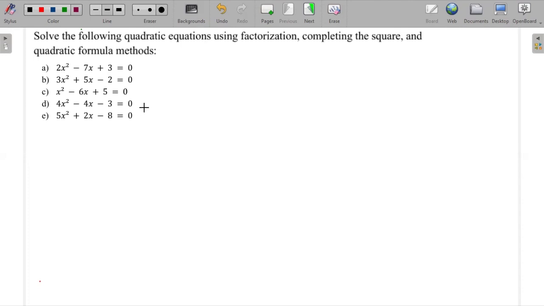Okay, let's look at part E. Or let me do part D. So part D, let's solve it using completing the square. Minus 3 is equal to 0. What we said is that the coefficient of x squared should always be a positive 1.